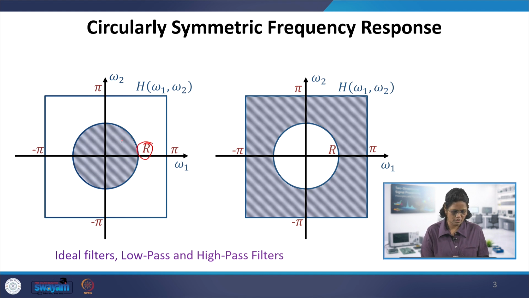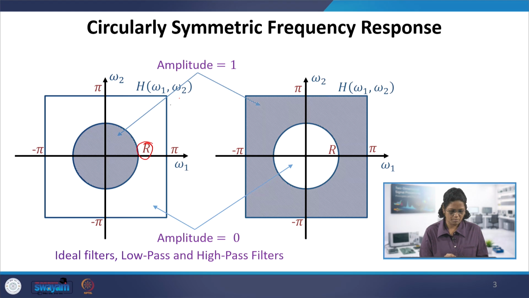There are two shadings shown, gray and white. The gray one represents amplitude 1 and the white one amplitude 0. So the first one is the low pass filter, which has amplitude 1 inside and 0 outside.